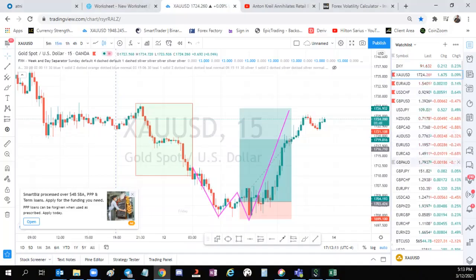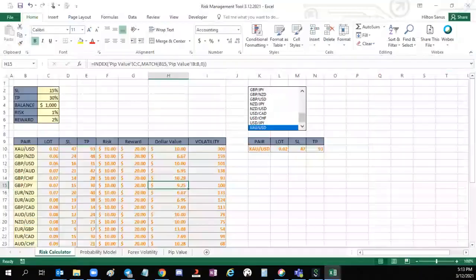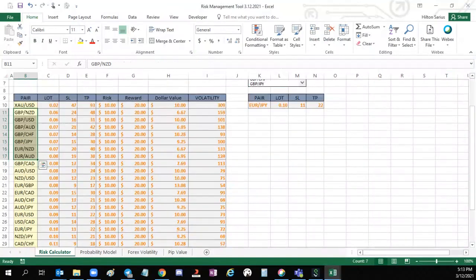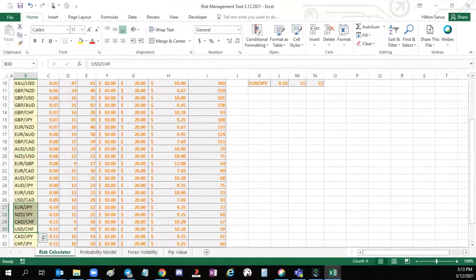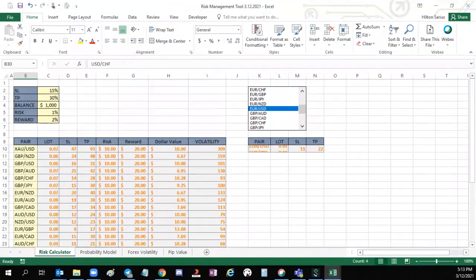Let's say we were trading EUR/JPY, right? We know that would be somewhere around here. So EUR/JPY, where is it? Instead of having to come through here and look, you have this tool up here. You just scroll through, find it, and then this generates your lot size that you should be using and what stop loss and take profit would be acceptable for that pair.